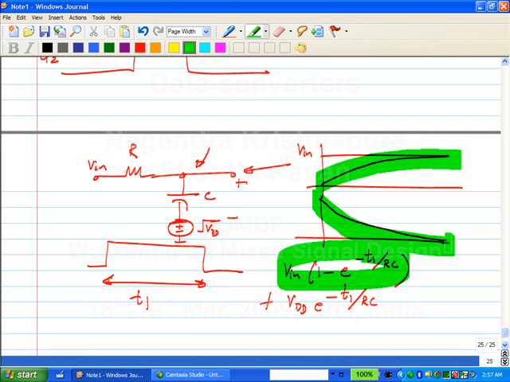Clearly, if t becomes infinite, what happens? If t becomes infinite, it basically means that R is infinity, which means that whatever VDD was there, it will remain as it is the next time also, because it has not lost any charge at all. Does it make sense?